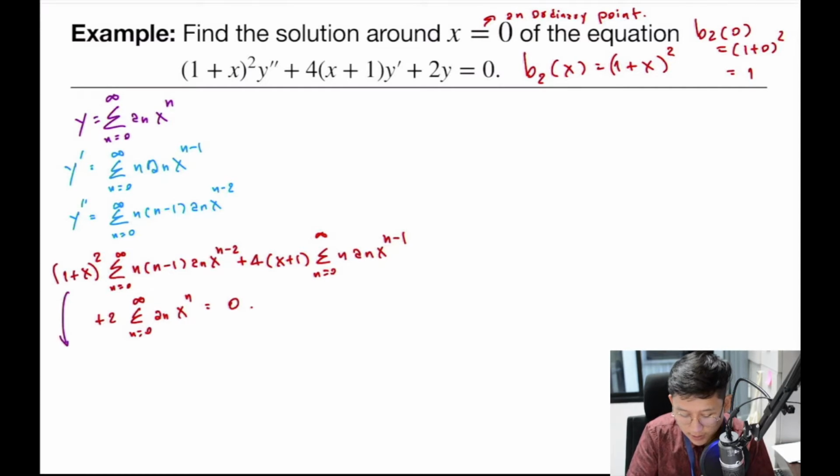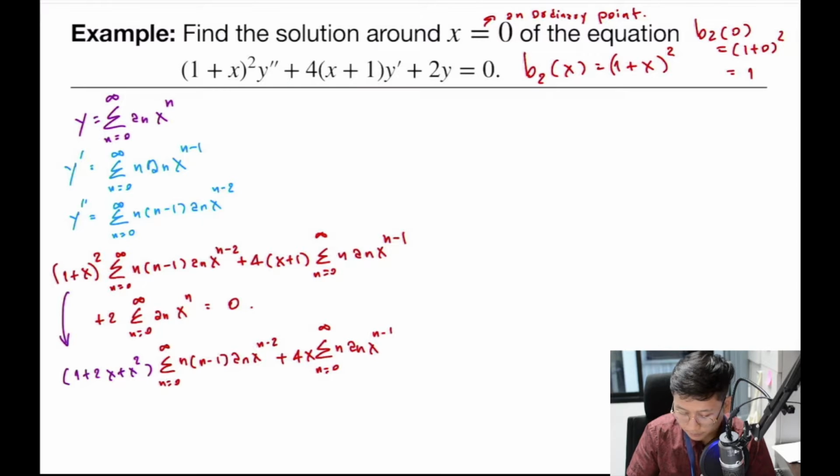So here I'll write down this again as (1 plus 2x plus x squared) times the sum n from 0 to infinity n(n minus 1) a_n x to the n minus 2, plus here it would be 4x times the sum n from 0 to infinity n a_n x to the n minus 1, plus 4 times the sum n from 0 to infinity n a_n x to the n minus 1.